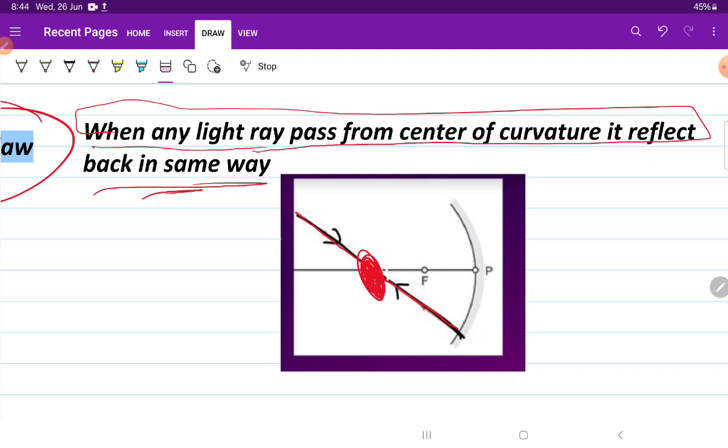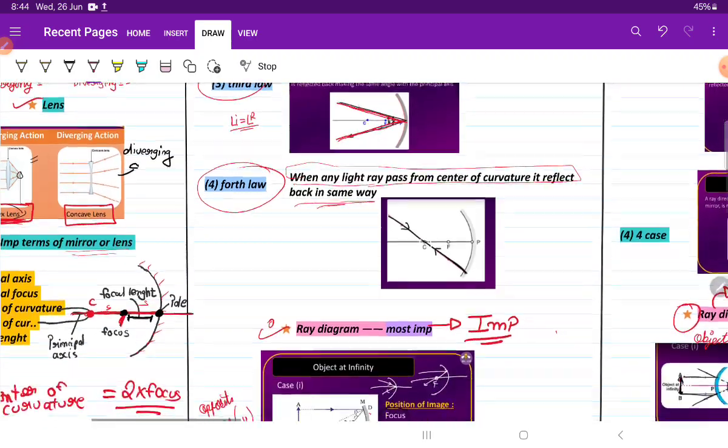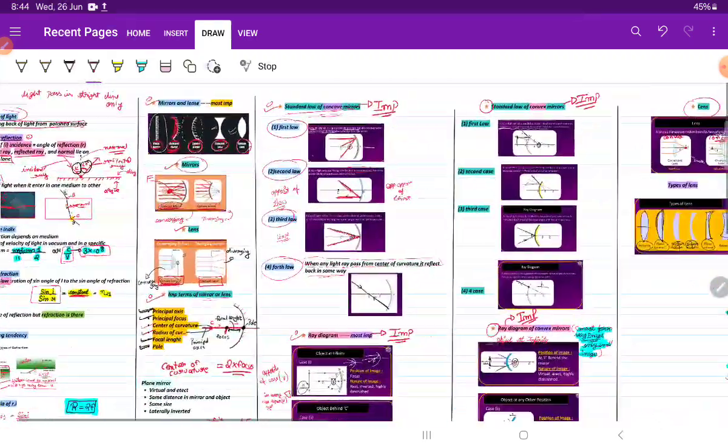Okay, this is the center of curvature. Cutting the center of curvature, it will be reflected back along the same path, and it will cut the center of curvature twice. First the incident ray will cut the center of curvature, and the reflected ray will also cut the center of curvature.